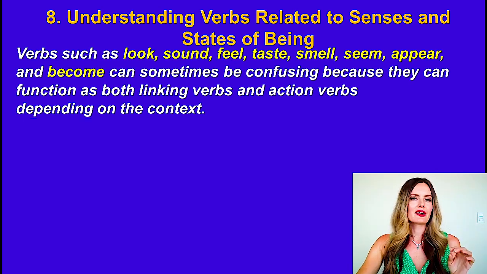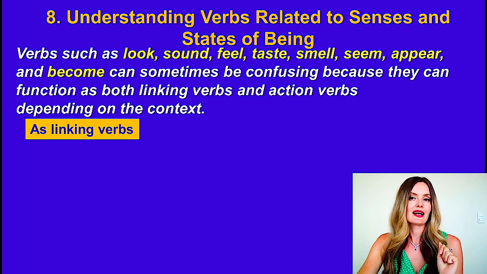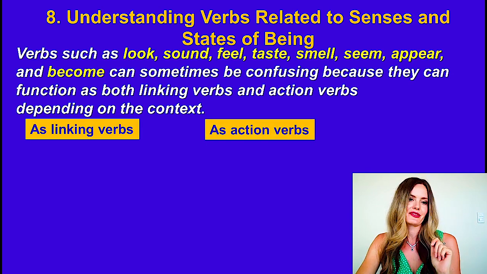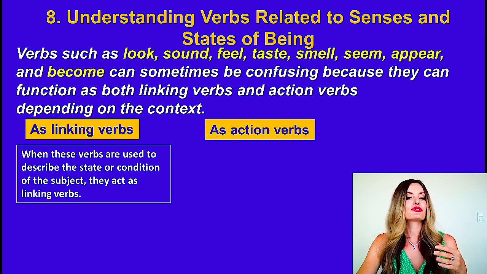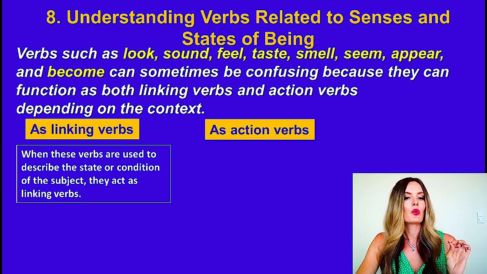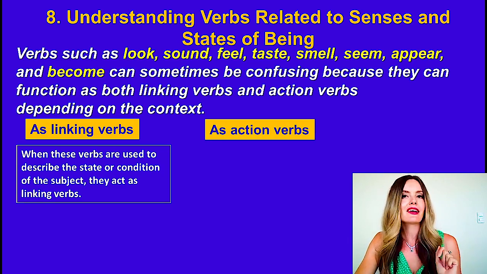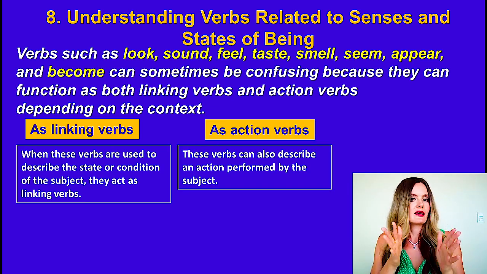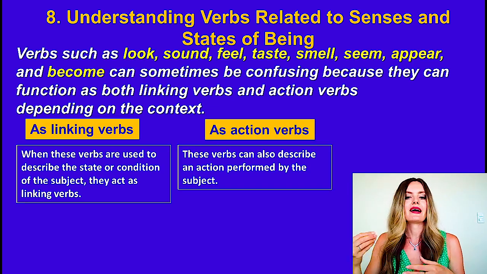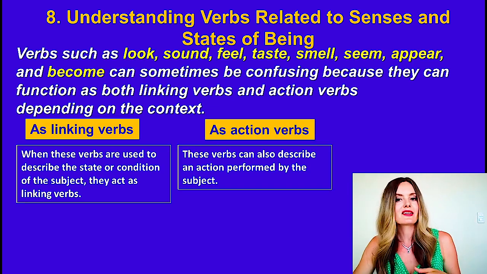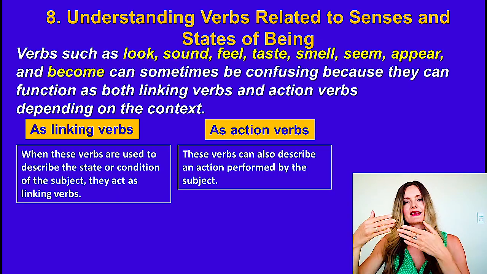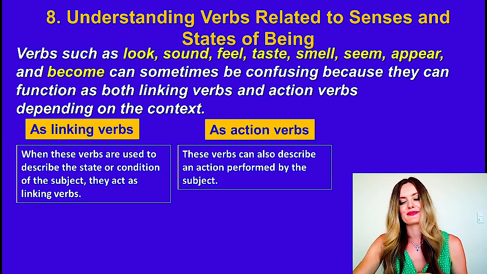So let's take a look at them as linking verbs and as action verbs. When these verbs are used to describe the state or condition of the subject, they act as linking verbs. Now, these verbs can also describe an action performed by the subject. In this case, they become action verbs.